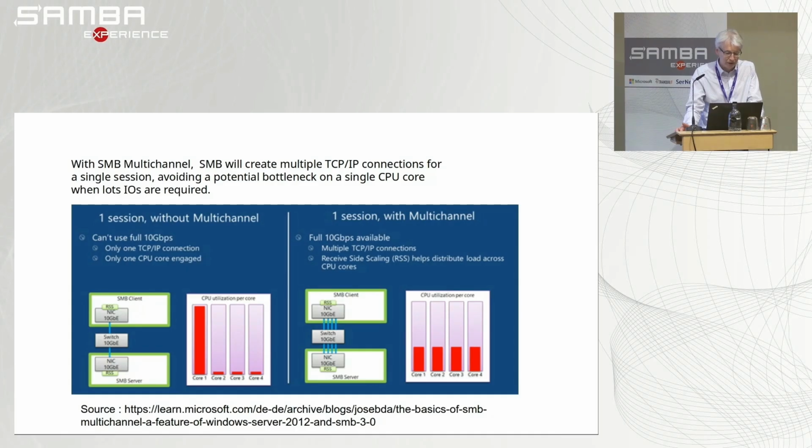When we have multiple sessions, we have multiple TCP/IP connections, and receive-side scaling distributes the work of handling the connections to all the CPU cores. Therefore I can get better response times because the CPUs are all loaded, but a lot less loaded, and overall throughput improves.